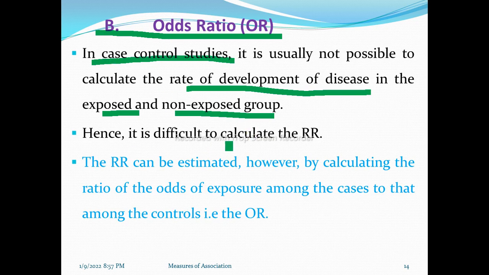Hence it is difficult to calculate relative risk; relative risk is not possible. It can be estimated, however, by calculating the ratio of odds of exposure among the cases to that among controls. This is odds ratio.